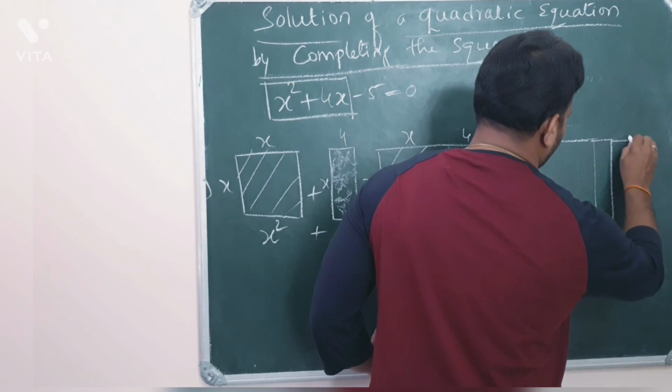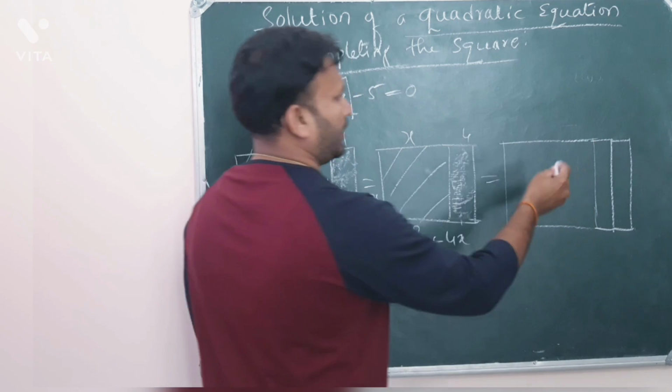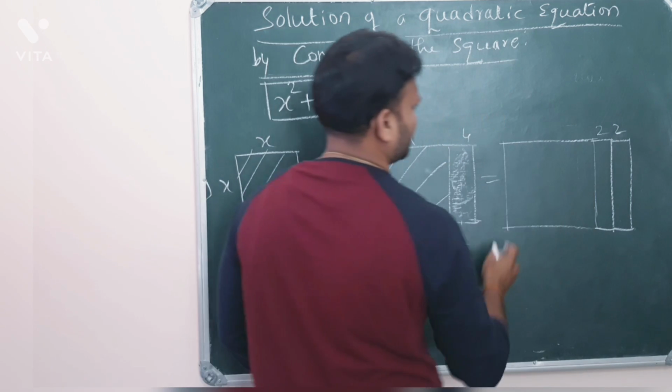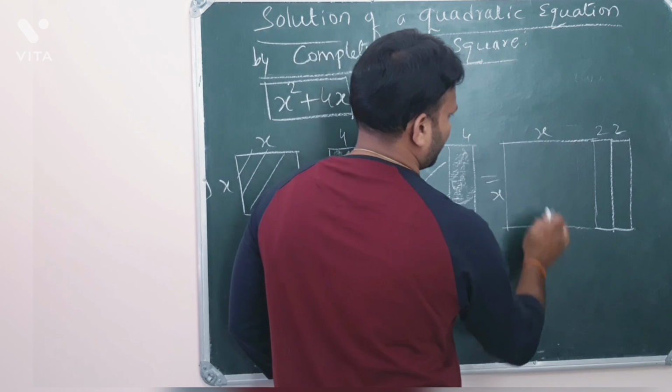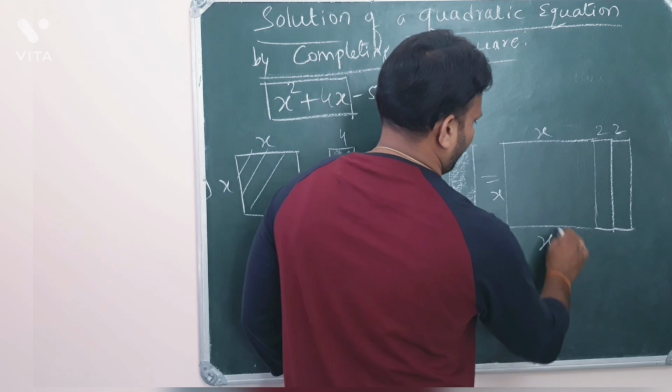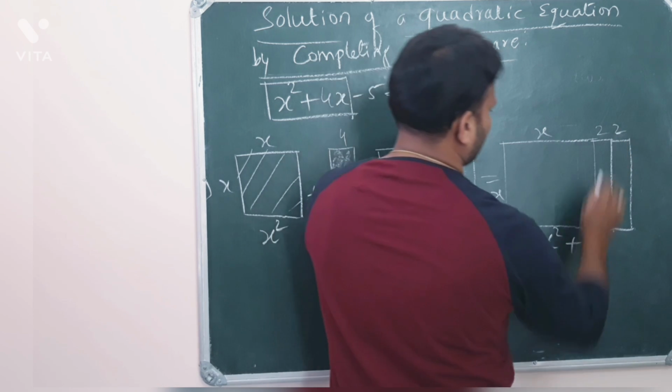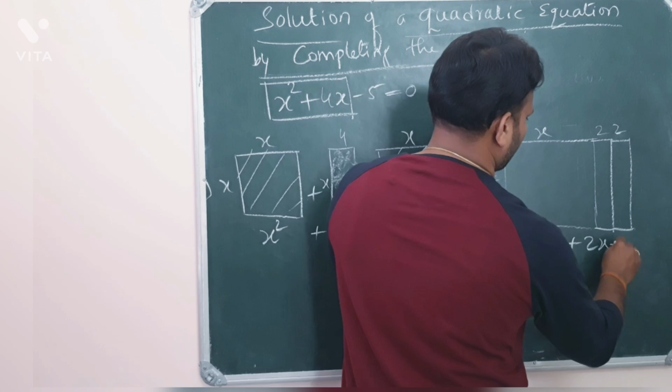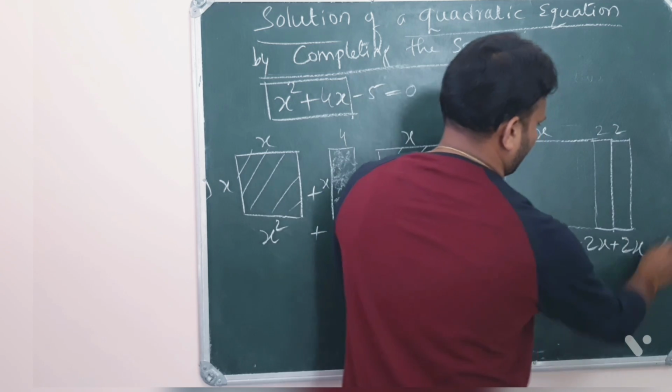I'll make it half, that is 4, I'll make it half, 2 plus 2, and the rest remains the same: x square plus 2 into x, 2x, plus 2 into x, 2x.